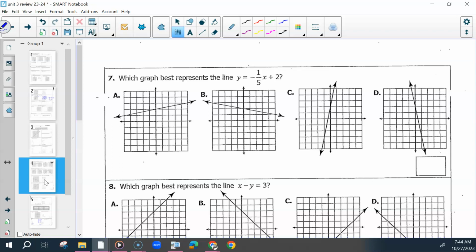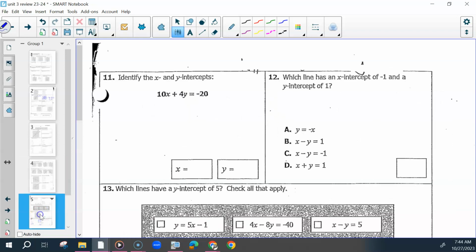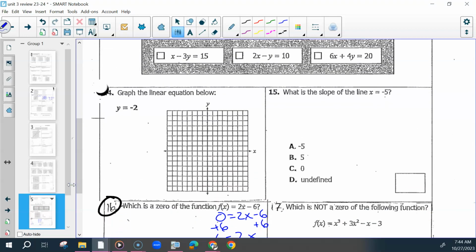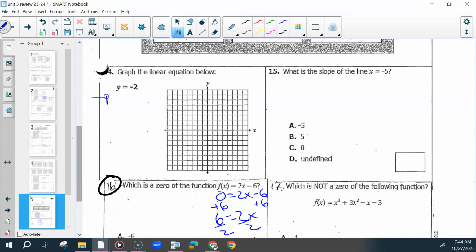On the next page, the last graphing one is number 14. Questions on that? We're using our flip-ups. If this is a y equals, this is going to be a horizontal or vertical line.